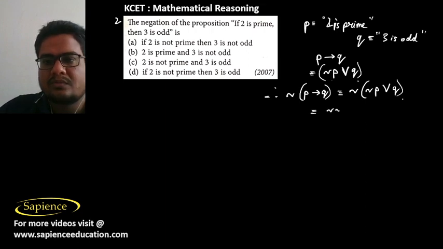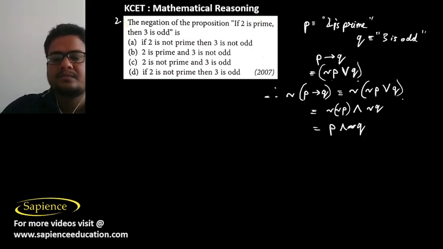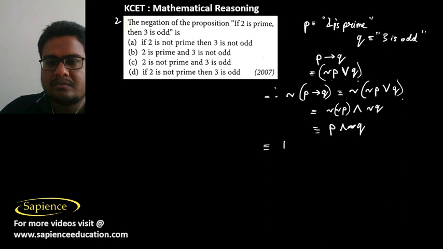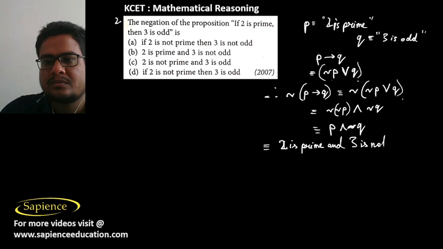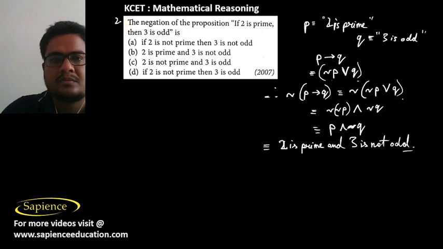This is equal to not of not P, that is P, and not Q. So P and not Q means the statement is, 2 is prime and P is not odd. So option B is the correct answer.